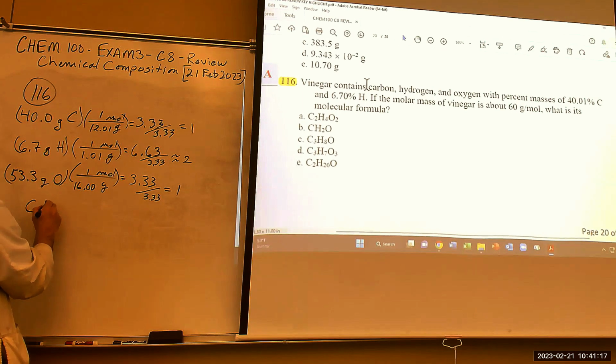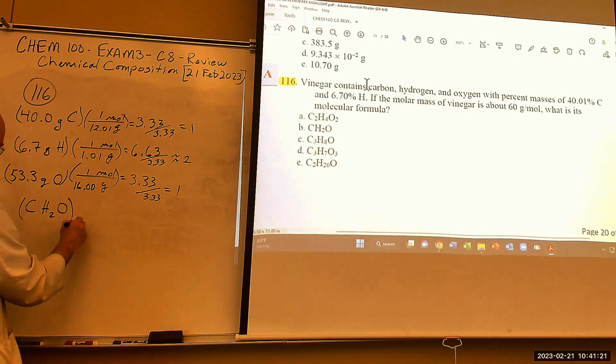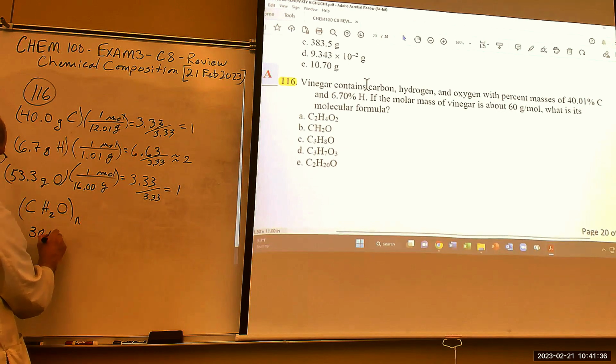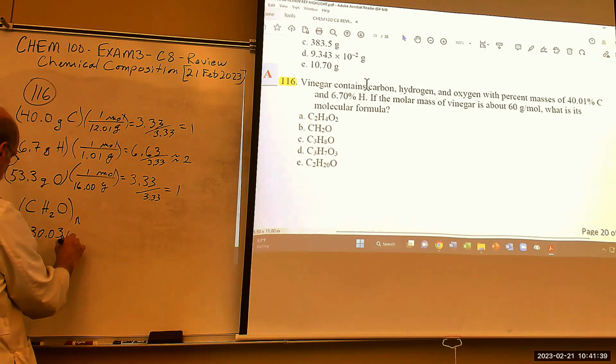Carbon, hydrogen, oxygen. Okay, what's the molar mass of that thing? Well, let's add them together. 12.01 for carbon, 2 times hydrogen, 2.02, and 1 oxygen. So that's 30.03 grams per mole.